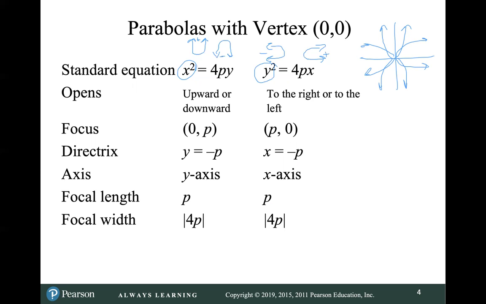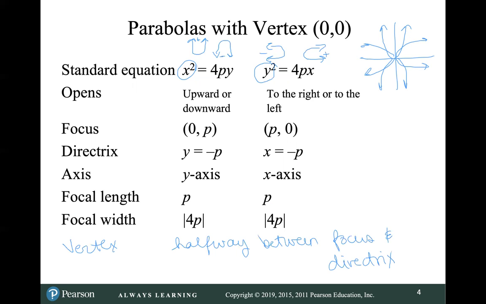The vertex will always be halfway between the focus and the directrix. So the vertex that we're used to looking at for a parabola is halfway between the focus and directrix.